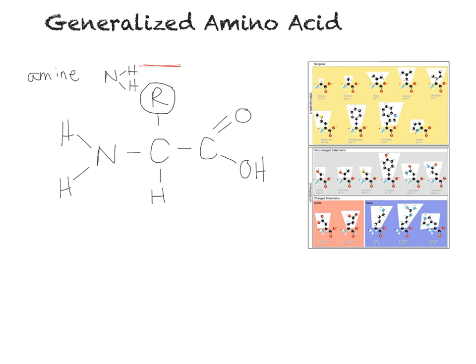Okay, so for some of them, that R group can be as simple as a hydrogen atom. For others, that R group is a really complex set of molecules, okay? So all amino acids have the same structure with some kind of weird different attachment as their R group. So take a couple minutes to draw some practice amino acids.